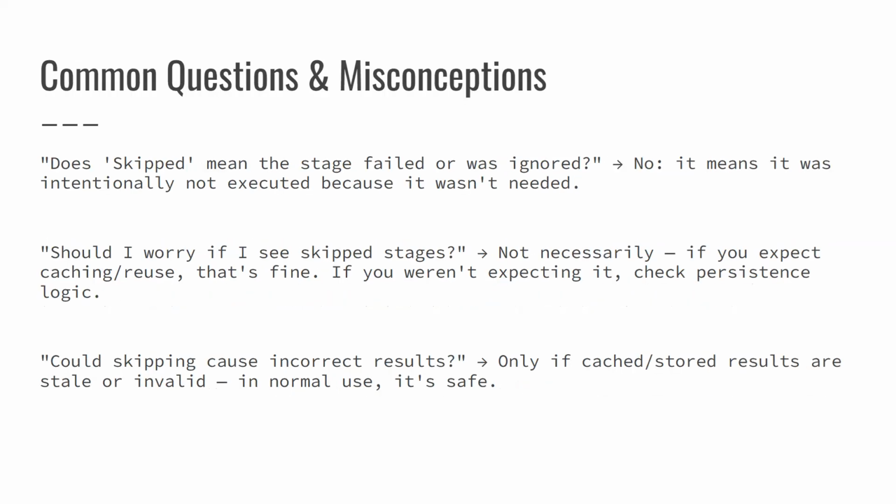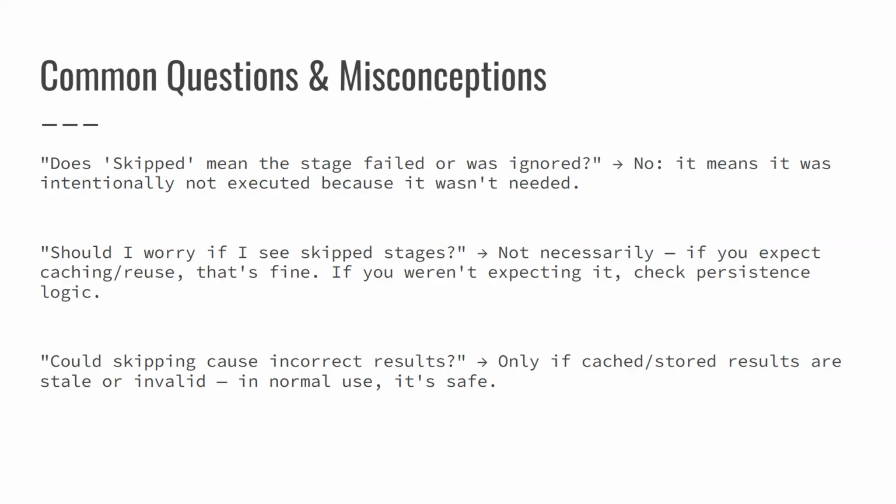Common question and misconception. Does skipped mean the stage failed or was ignored? No. It means it was intentional, not executed because it wasn't needed. Should I worry if I see skipped stages? Not necessarily.